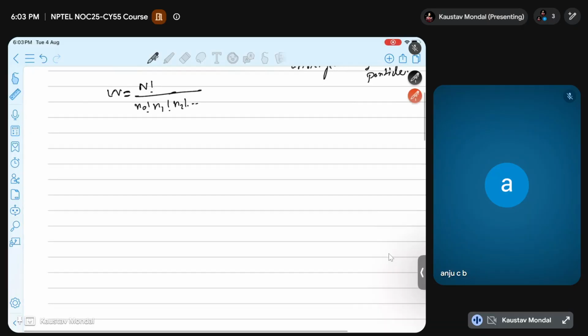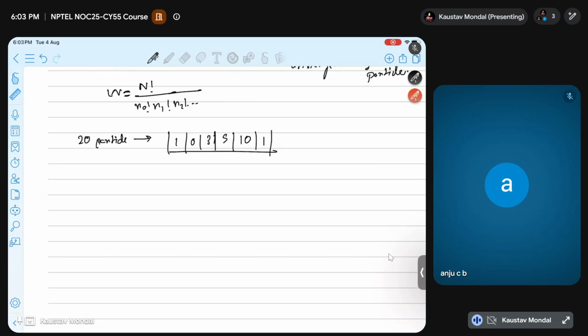As a practical example, suppose you have 20 particles. You distribute them into different boxes: the first box has 1 particle, the second box has 0 particles, the third box has 3 particles, the fourth box has 5 particles, the next box has 10, and the last box has 1 particle.